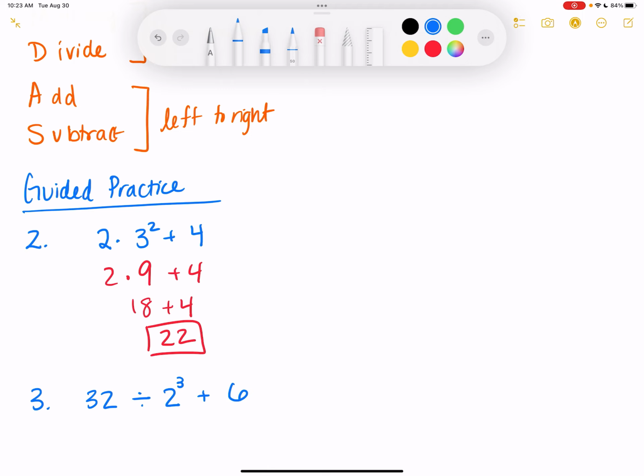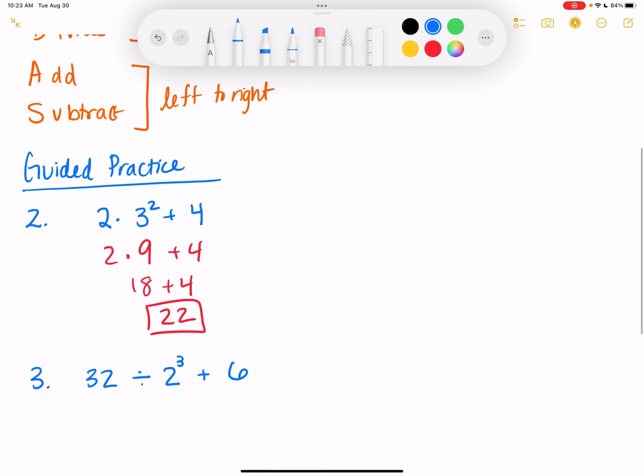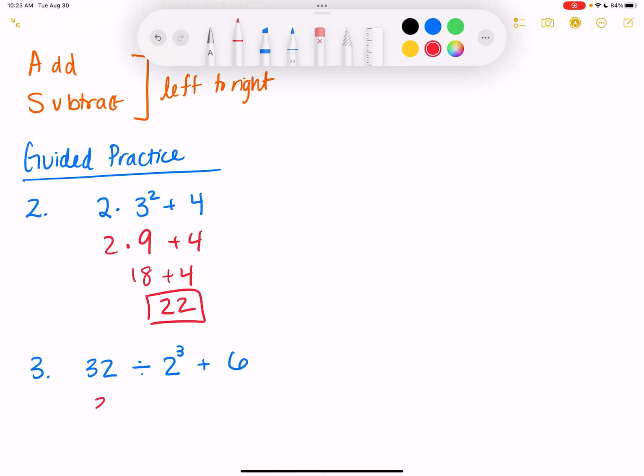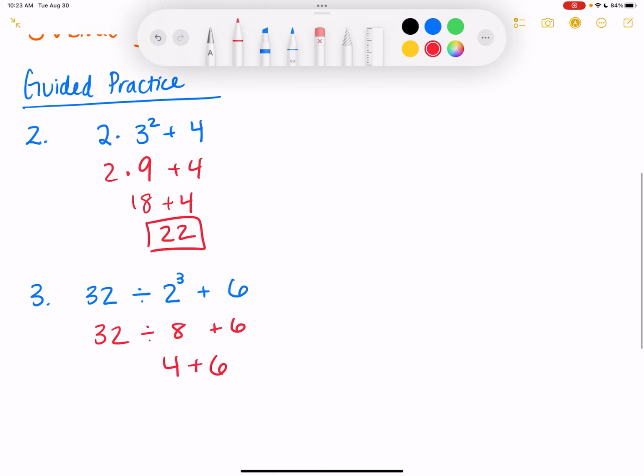So 2 times 2 times 2 is going to be 8. So we're going to have 32 divided by 8 plus 6. So then multiplication, division is next. So we can do 32 divided by 8, which is going to be 4, plus 6 is going to be 10.